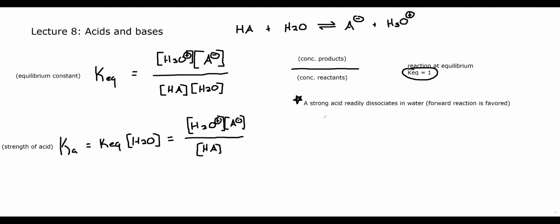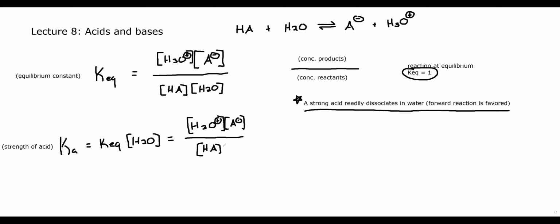So looking back at Ka, if we have a strong acid, what does that mean in terms of our equilibrium arrows? It means the products should be much higher. It means H3O plus and A minus should be much higher, because a strong acid will readily dissociate in water. A strong acid will favor the forward reaction.